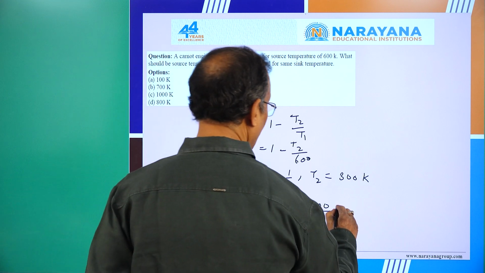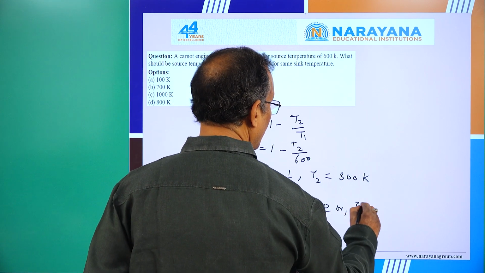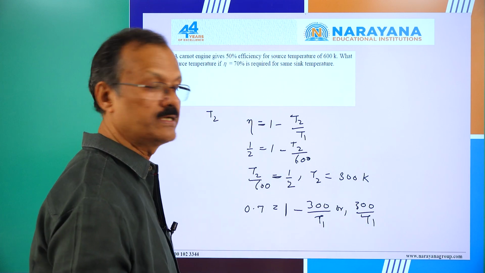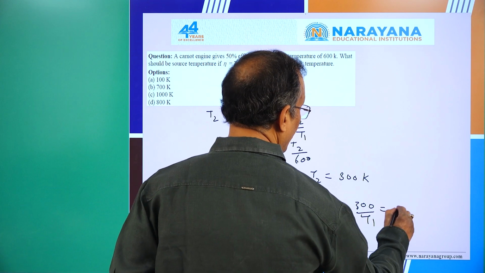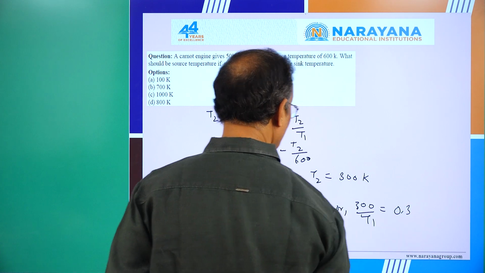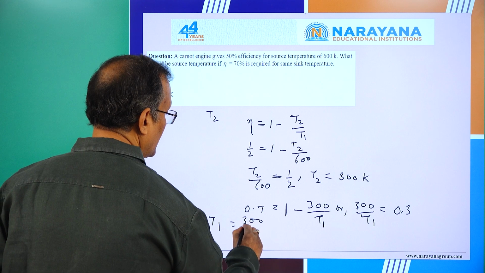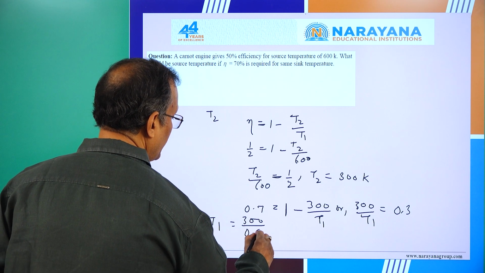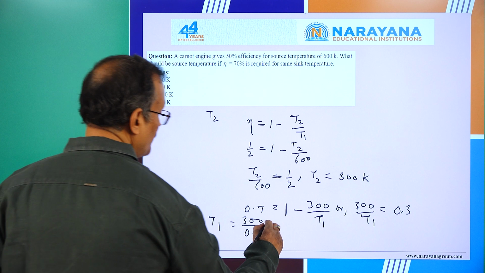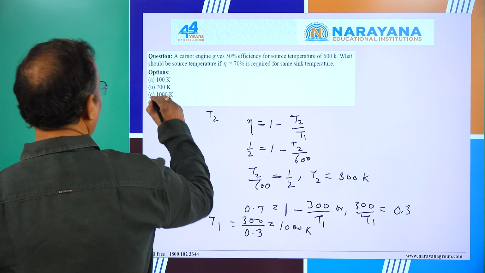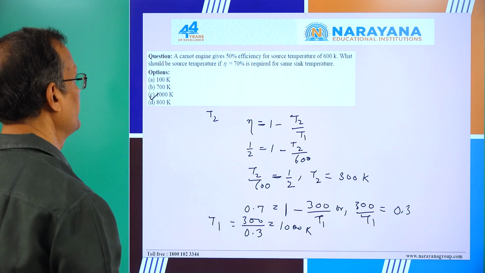So you will have 300 by T1 equal to 1 minus 0.7, which will become 0.3. So T1 will be equal to 300 by 0.3. Your answer will be 1000 Kelvin. The answer will be C.